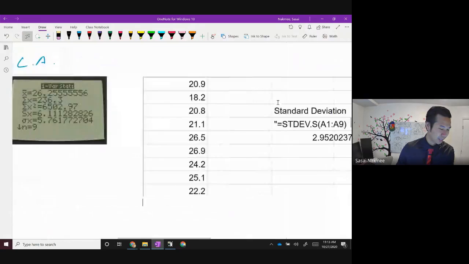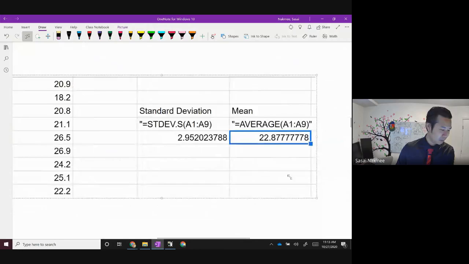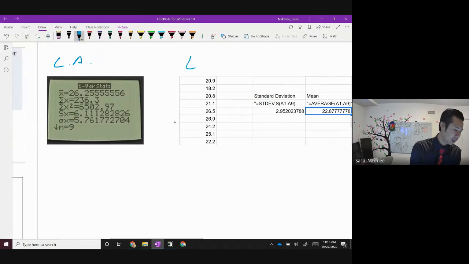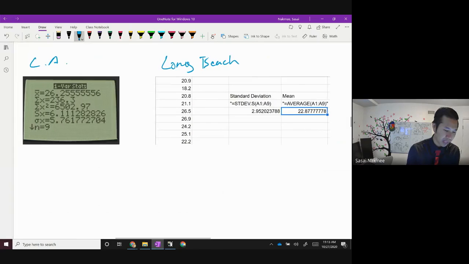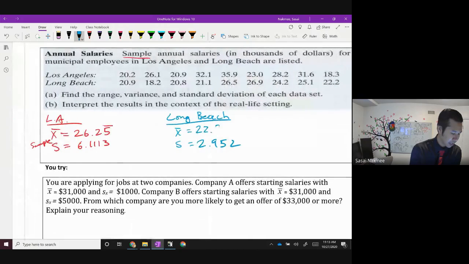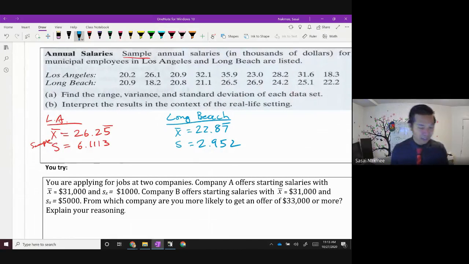Wow, this thing takes up a lot of space. This one right here is for Long Beach. And I'd say the average was 22.87 repeating. Or if you want to write it as 22.8888 or 778, all those are fine as well.